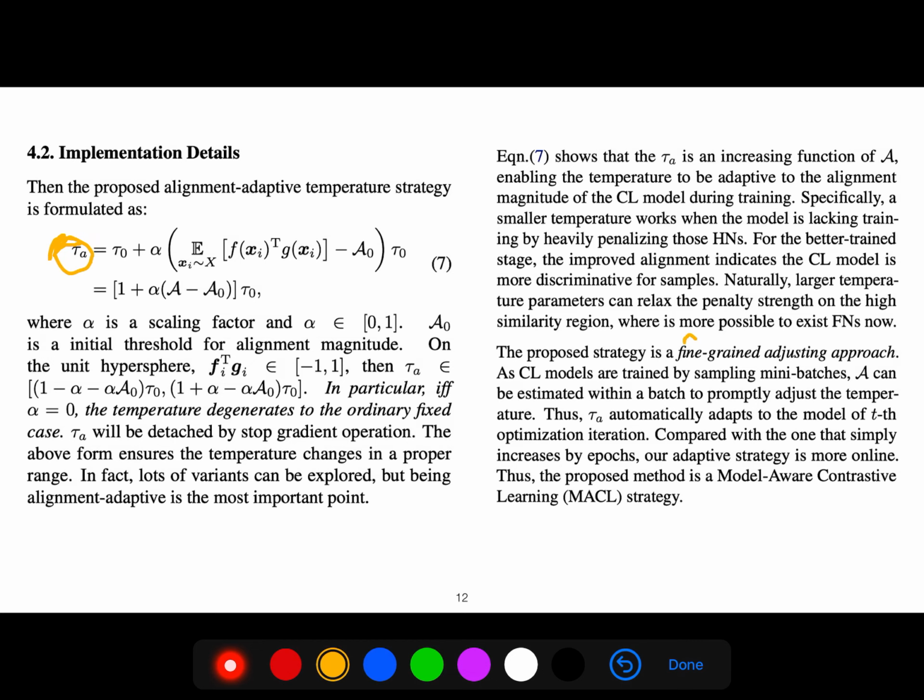And this strategy is a fine-grained adjusting approach. As CL models are trained by sampling mini-batches, A can be estimated within a batch to promptly adjust the temperature. As you see, we are leveraging A for our temperature, so it's very heuristic.